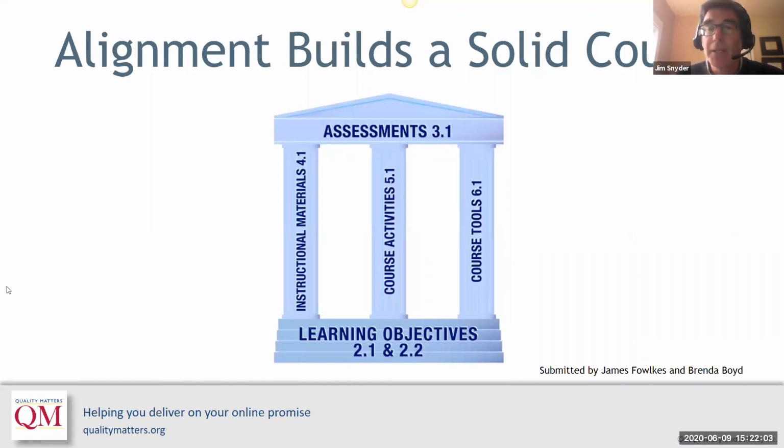And then all of these must be aligned. The assessment is at the top so that you can understand, did the students learn what it was that I wanted them to learn? And am I assessing them in the manner that works well?